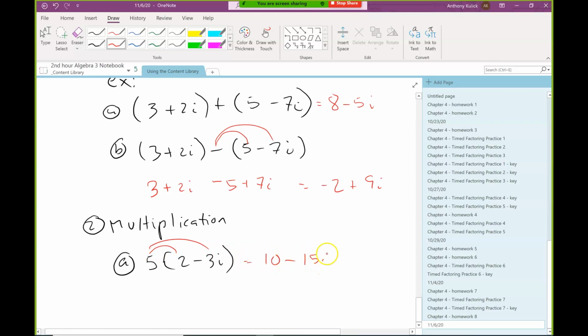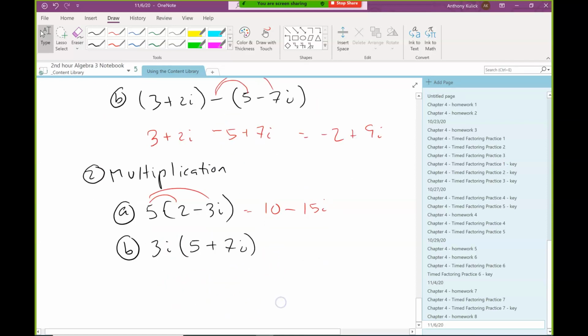What if we have 3i times 5 plus 7i? Well, it's going to be 15i plus 21i squared, because you have i times i.